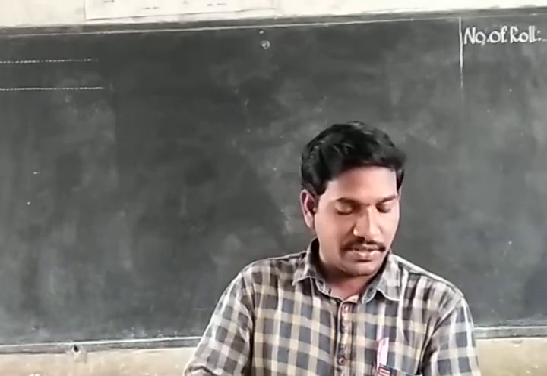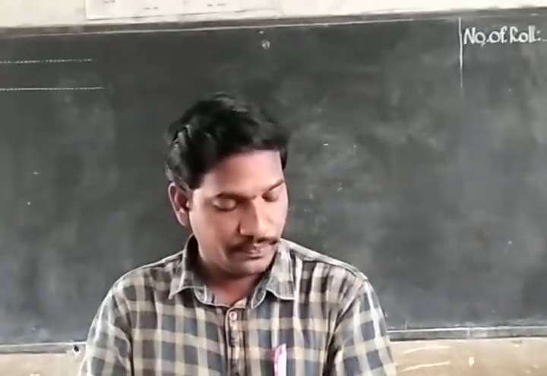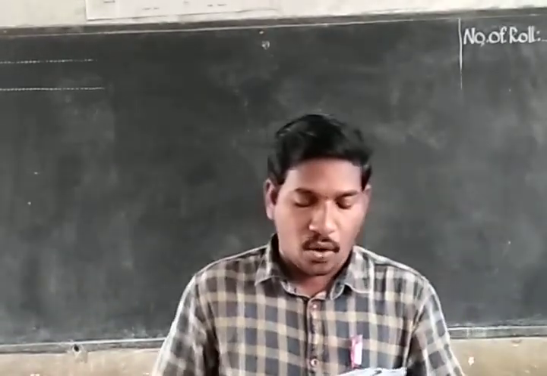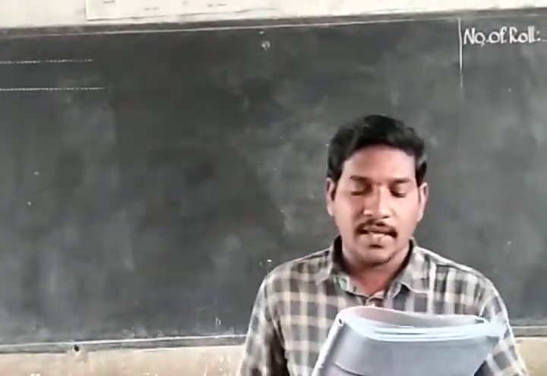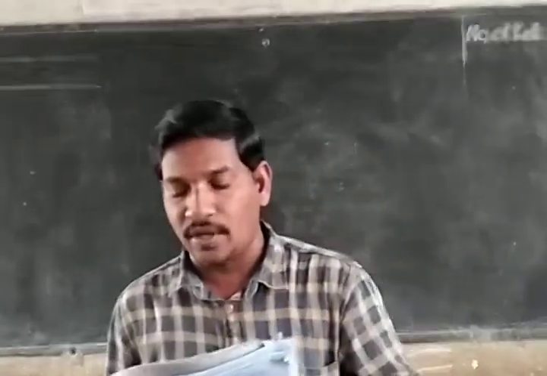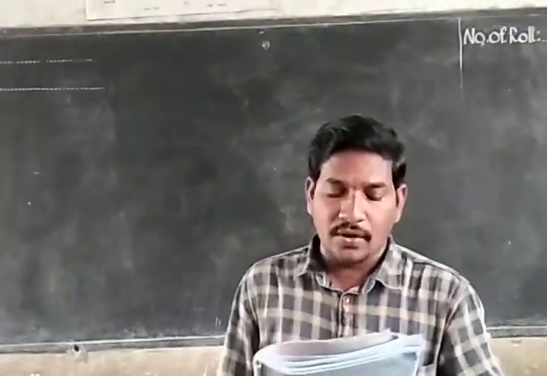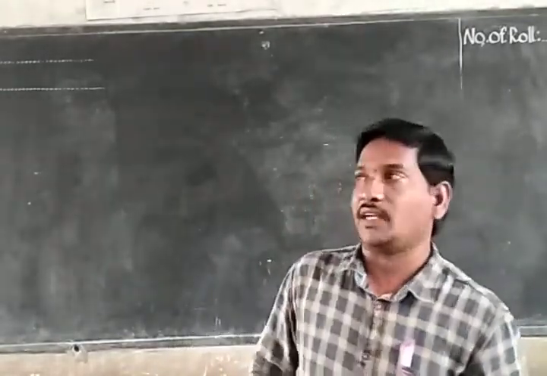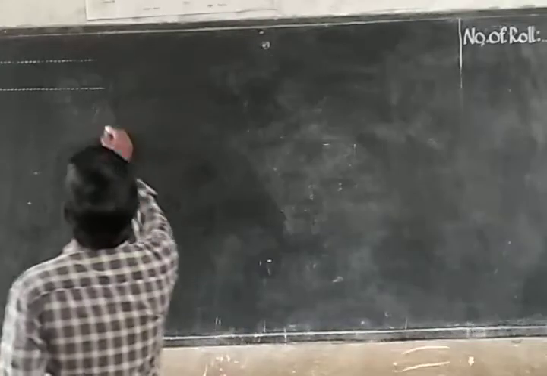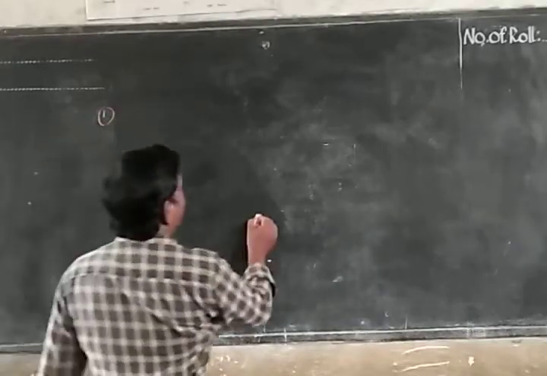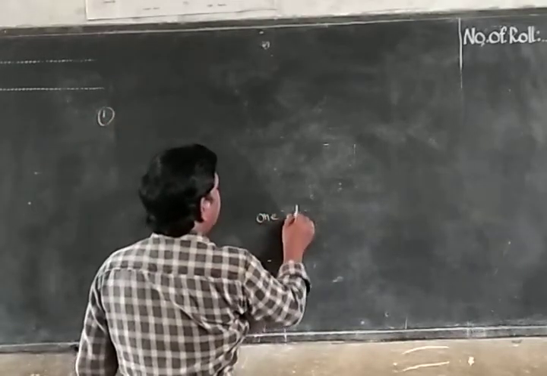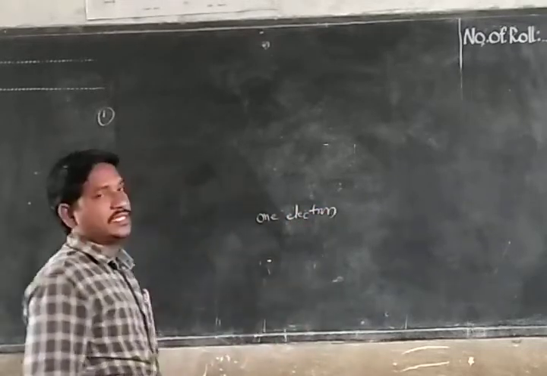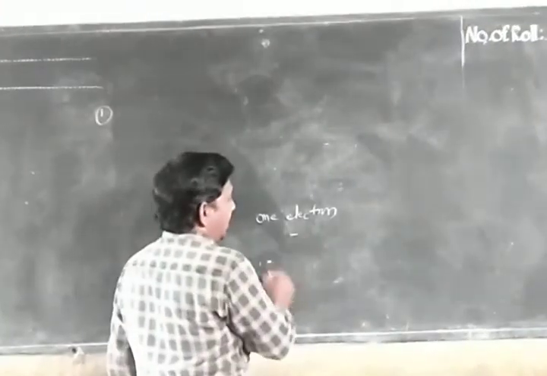So now we have to discuss handsheet 4. An ion or a radical formed by the acceptance of one electron, only one electron, is called a negative ion.